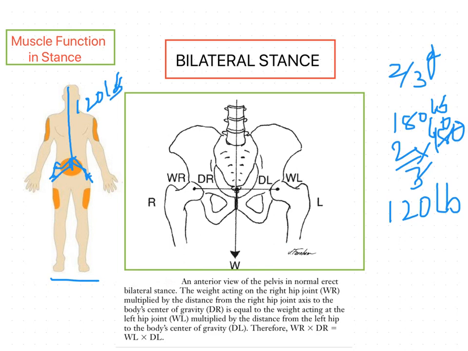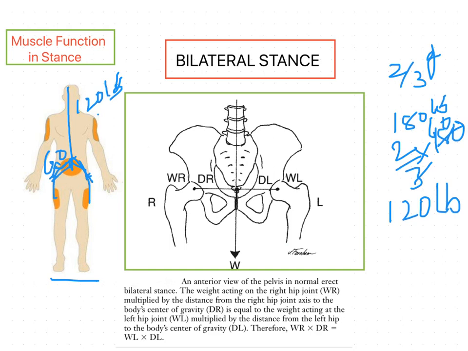Now this weight has to be transmitted equally on the two hip joints. So this 120 is divided equally, 60 plus 60, to the right side hip and the left side hip.